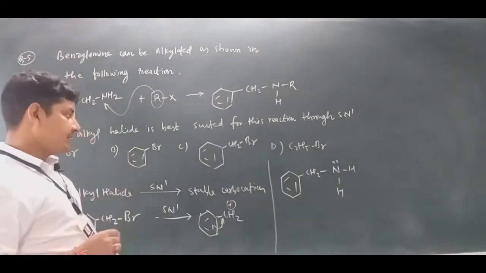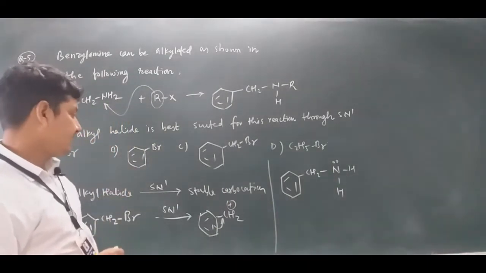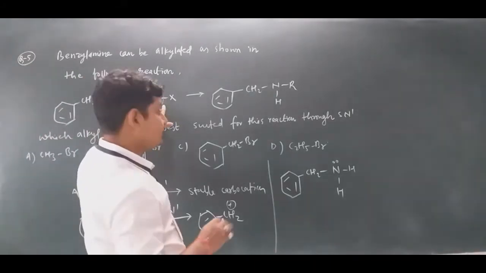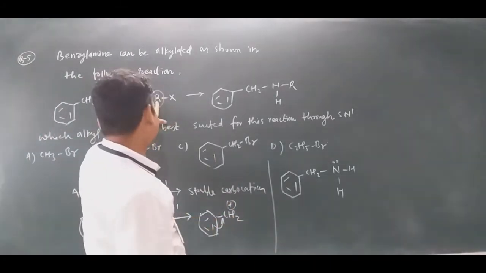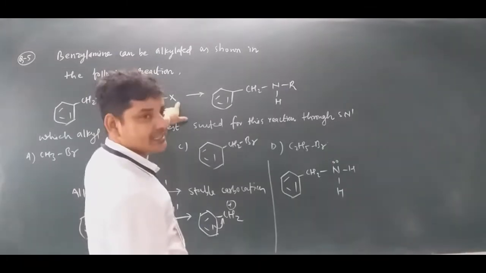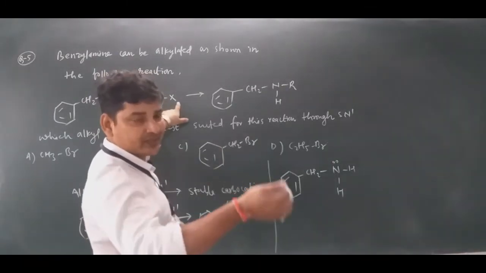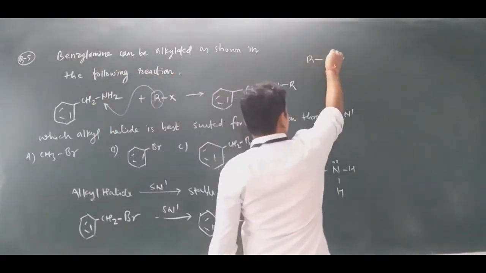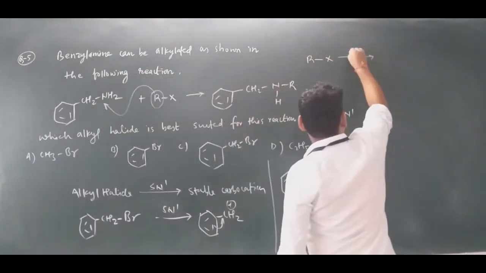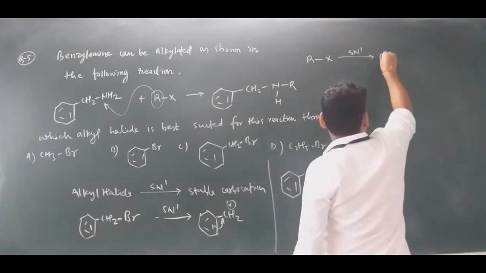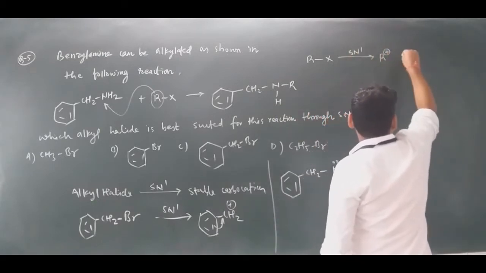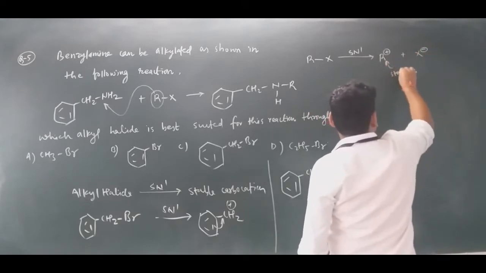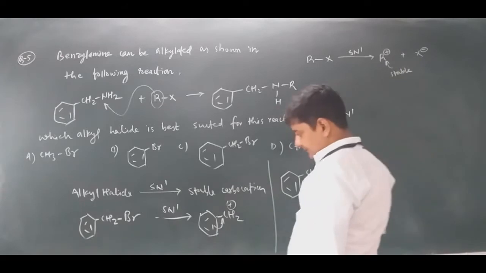The alkyl halide through the SN1 mechanism is cleaved into R plus and X minus. Remember, RX when it undergoes cleavage through the SN1 mechanism gives R plus and X minus, and this R plus is a stable carbocation.